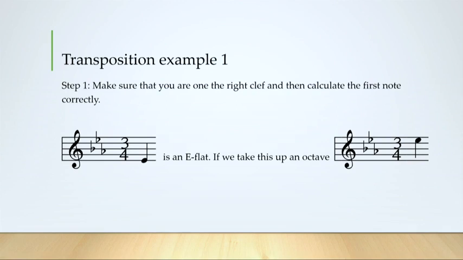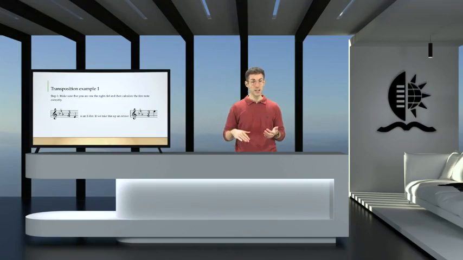If we take that up an octave, if we count 8 notes up, E, F, G, A, B, C, D, E, we'll get to E again. That's the quality of the music alphabet, that if you go up 8 notes, you get to the same letter name, but up or down an octave. So we're going up an octave.